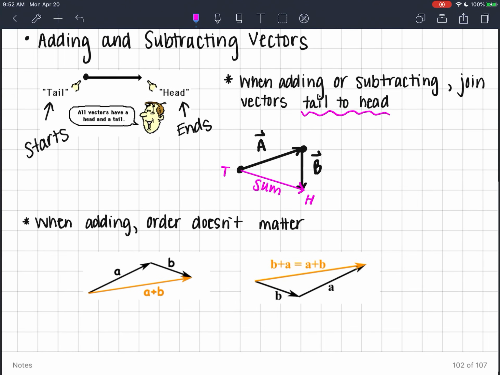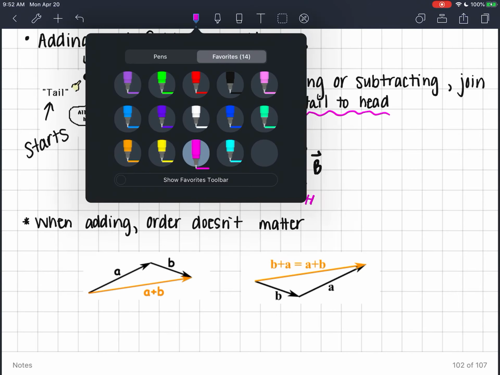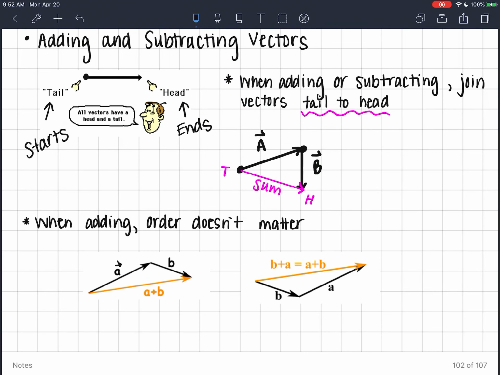Now when we're adding, it doesn't really matter what order we add in. Let's say we had vector A and vector B, and they were getting added together. We could add vector A first and vector B second, and we get this nice orange sum. Or over here on the right, we could add vector B first and then vector A, and we're still going to get the same orange sum.